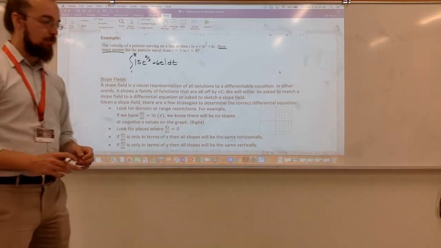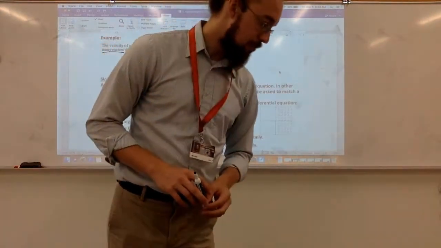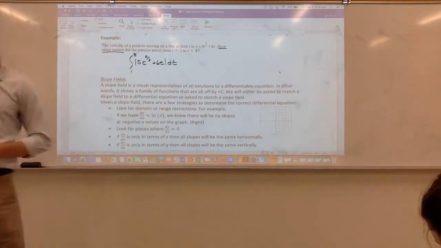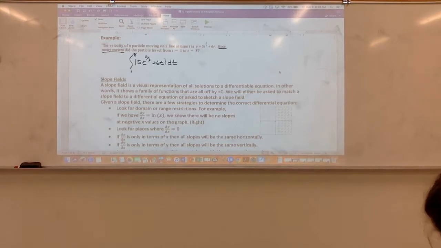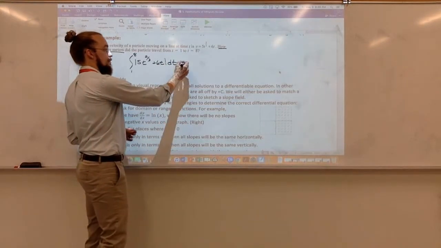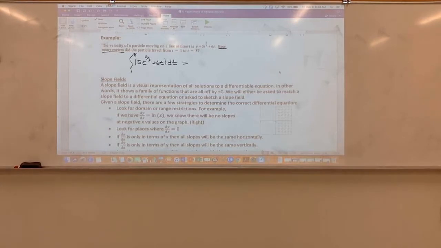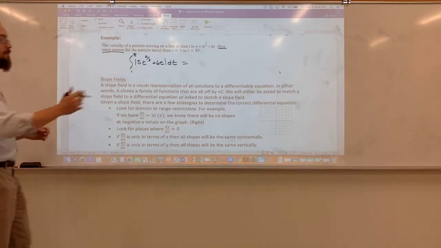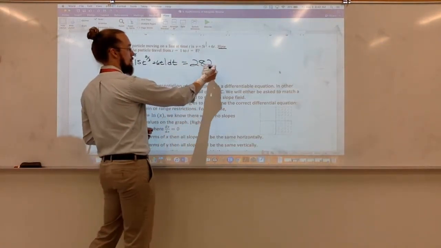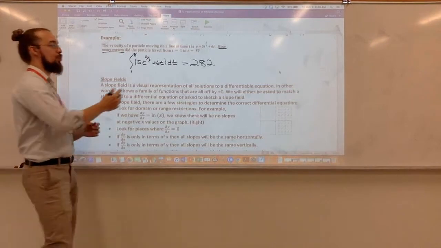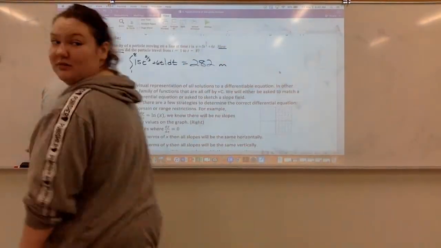Math and over 1 should be the first option. $282. 282 meters.